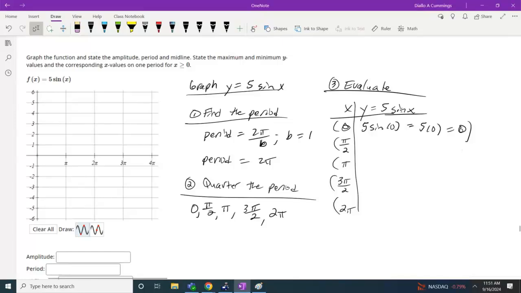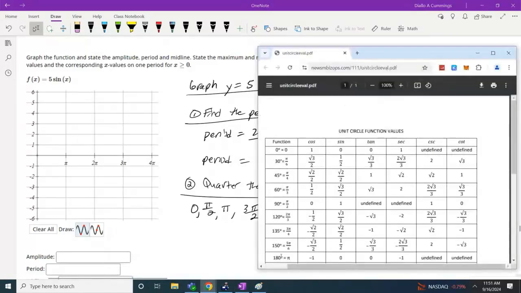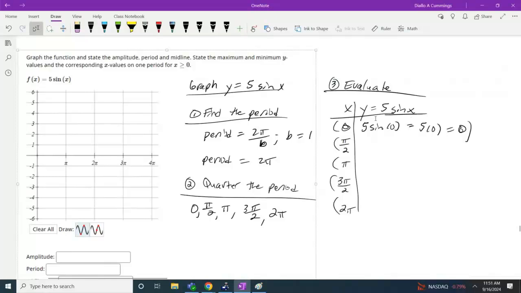For the second ordered pair point, the sine of pi over 2 should give me 1. So the sine of pi over 2 is 1, and 1 times 5 is 5. That's my second ordered pair point, pi over 2 comma 5. Next, 5 times the sine of pi.